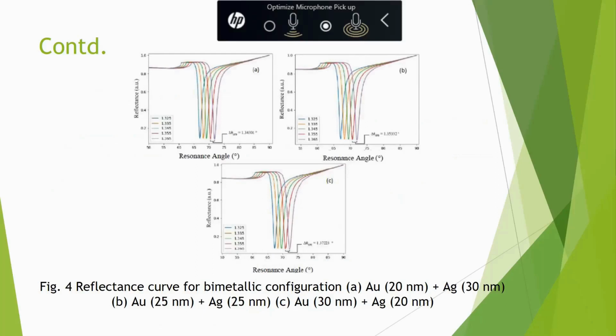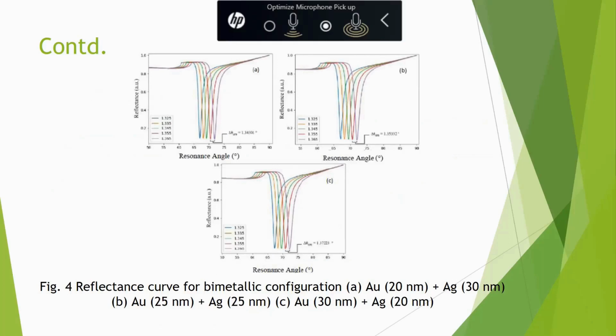You can see that these are all the resonance spectra, the reflection spectra we are getting from our sensor, and we require these spectra to be as narrow as possible. But as we change the thickness of different layers, those spectra get narrower or broader.